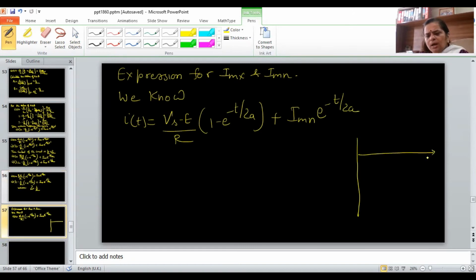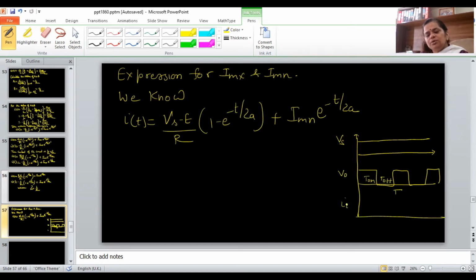If you are able to recall the waveforms in a step down chopper, this is Vs. In on time I will get the load voltage, in off time I am not going to get the load voltage. So this is on time, this is off time, and this is T. This is the output voltage. And if I want to draw the load current, it will be like this. In on time current will increase, and in off time current will reduce. So suppose this is I minimum and this is I maximum.